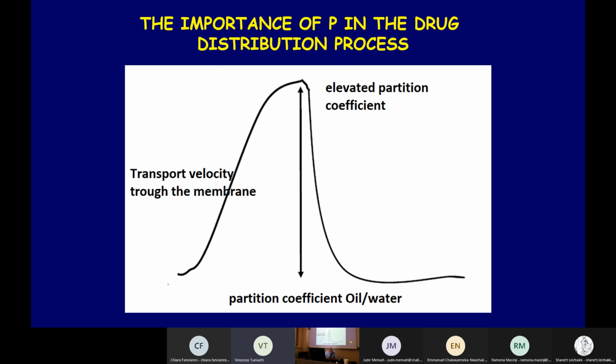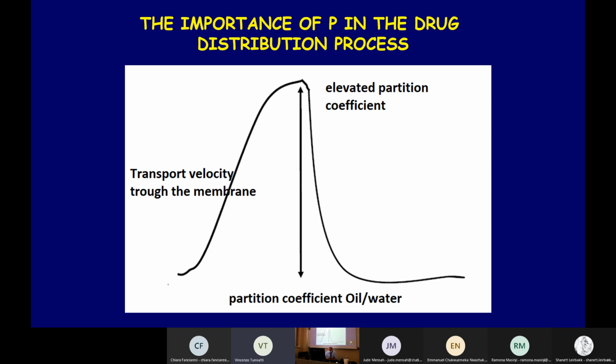Here you can see a picture just to have an idea about the importance of P, partition coefficient, in the drug distribution process. If you have a lipophilic compound, you have a fast transport, a fast distribution of your compound inside the body.